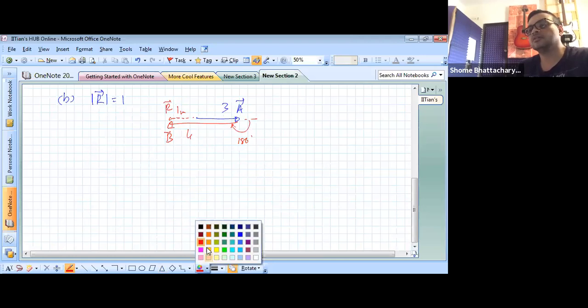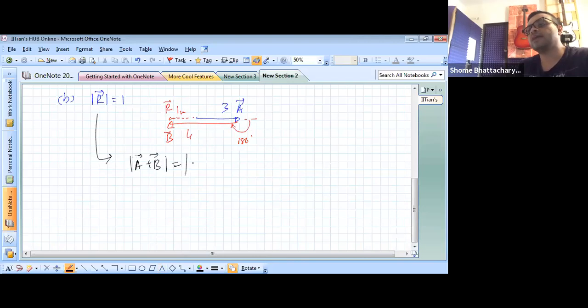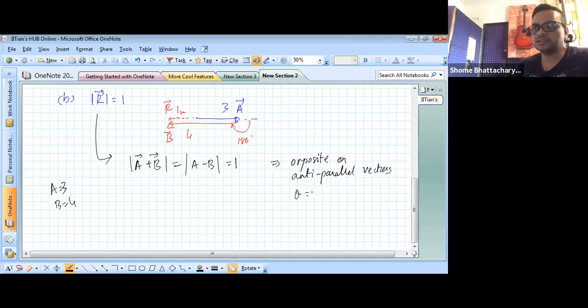This can only mean one thing, that the magnitude of A plus B is equal to the magnitude of their difference, which is 1, because A was 3 and B was 4. So they are opposite in direction, or what we call anti-parallel vectors, or theta is 180 degrees.